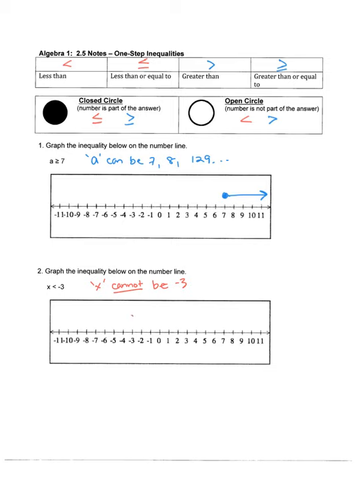So I draw a circle and less than. With negative numbers, the bigger the number, the less it is. So that's why the number line, when you get into negative numbers, goes to the left as the numbers grow. All right, so this is the inequality. X is less than negative 3. Open circle, because X cannot be negative 3.